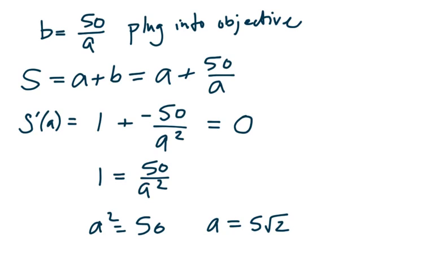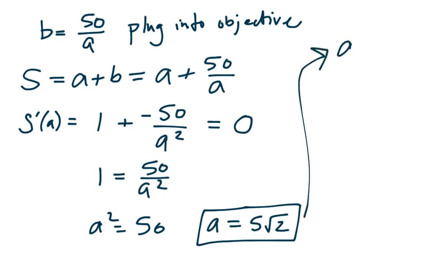I don't need to worry about the plus or minus 5 root 2 because we're told that both a and b are positive. So here I've just found one of the real numbers, a, which is 5 root 2. To find b, we're going to have to plug this value for a back into our constraint. We know that a times b has to equal 50.